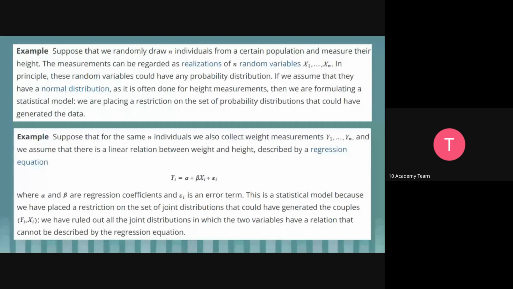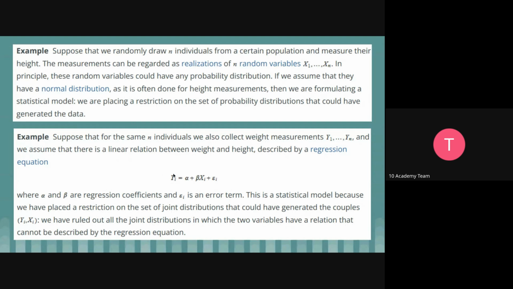Another example can be that I'm trying to predict, say in my population, I measure the heights and the weights of people, and I'm assuming, again, the emphasis is on assuming, that there is a relationship between height and weight, and I'm assuming it's a linear relationship, and I write it like this.